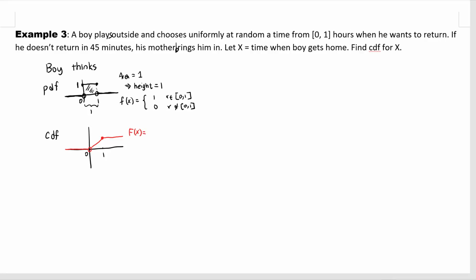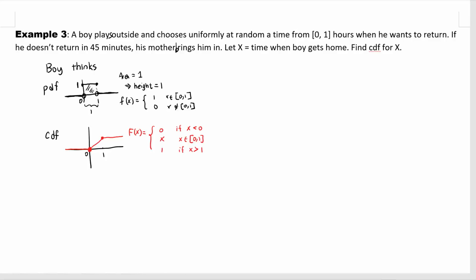So F of x is 0 if x is less than 0, x for x in 0, 1, and 1 if x is greater than 1.